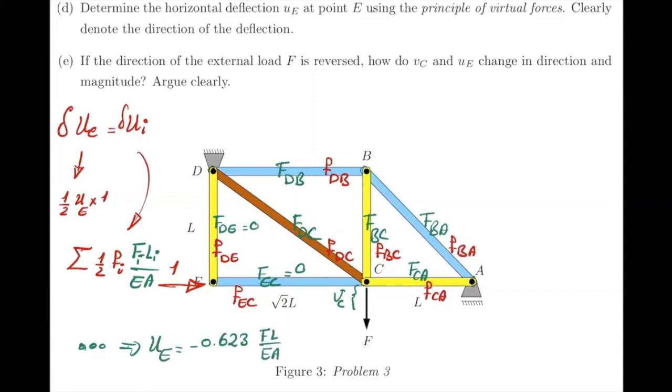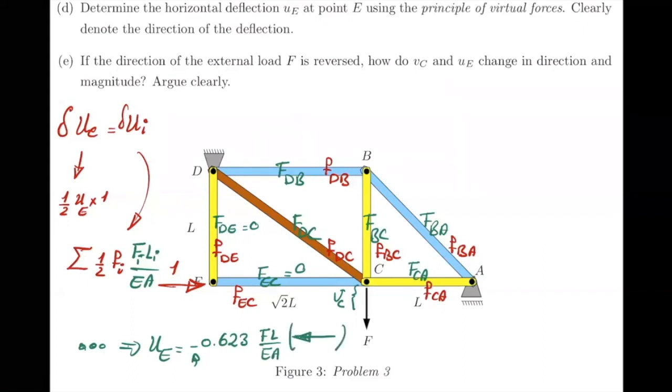And then again, pay attention to the minus, it means that it is deforming in the opposite direction of the applied force. Okay, so this would be the direction of the deflection at point E, in the horizontal direction. Do you have any questions?